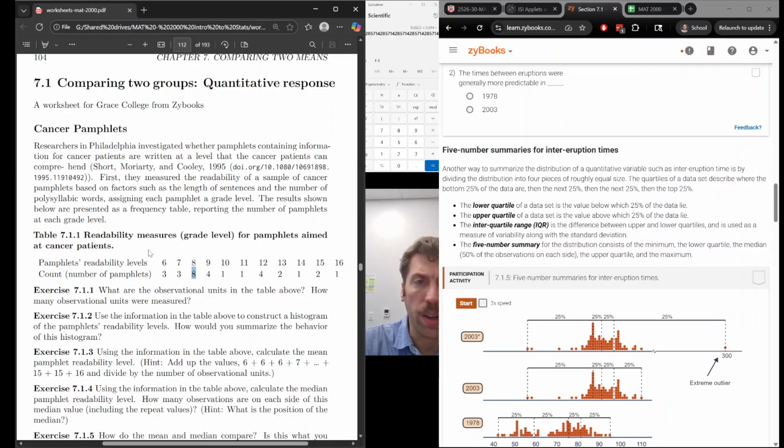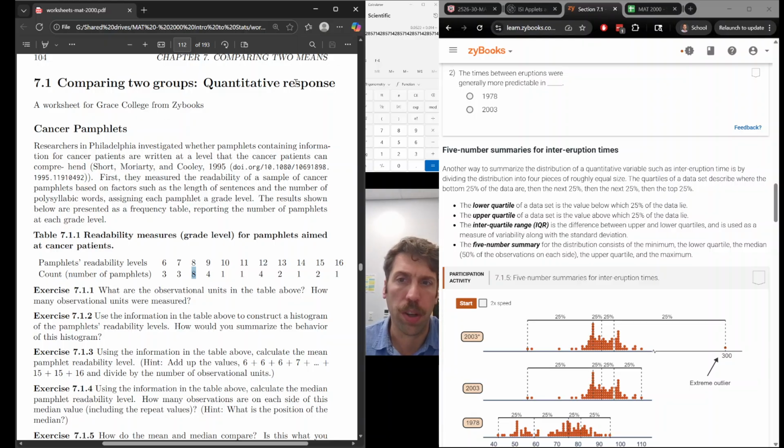For number 1, what are the observational units in the table above? So what are they counting? How many observational units were measured?